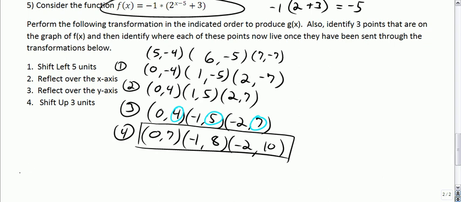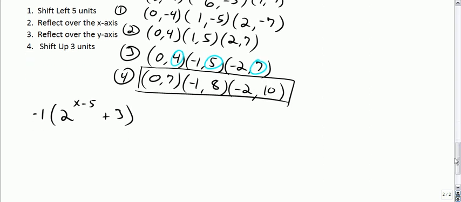Okay, so I'll make myself a little room. Negative 1, 2 to the x minus 5 plus 3. Well, the first thing I want to do is left 5. So the first thing is left 5, which is replace x with x plus 5.